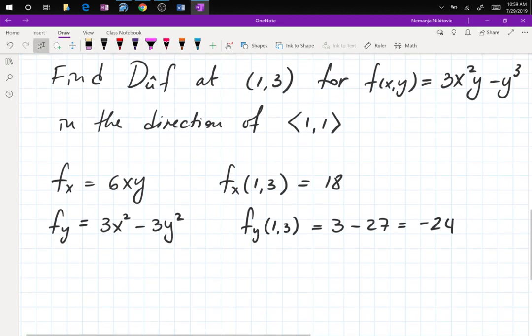And here is the pitfall. I'll write it in blood. Vector 1, 1 is not a unit vector.